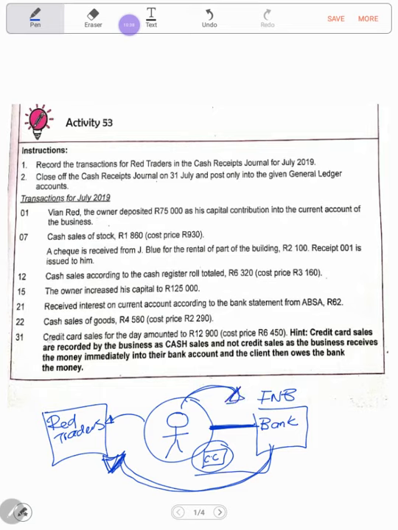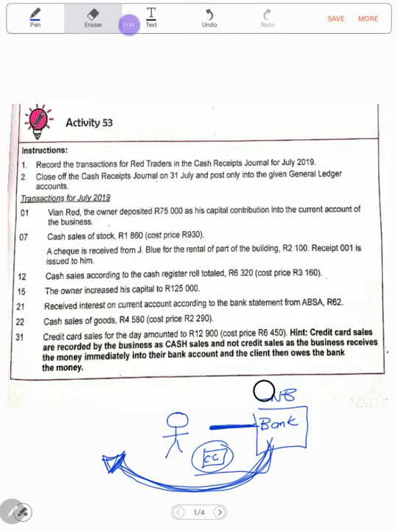So whenever we have a credit card sale, know that the bank will definitely give the business money with immediate effect, and the customer will not be owing the business. They owe the bank for making that payment on behalf of them. I hope that makes sense to you, grade 8s.